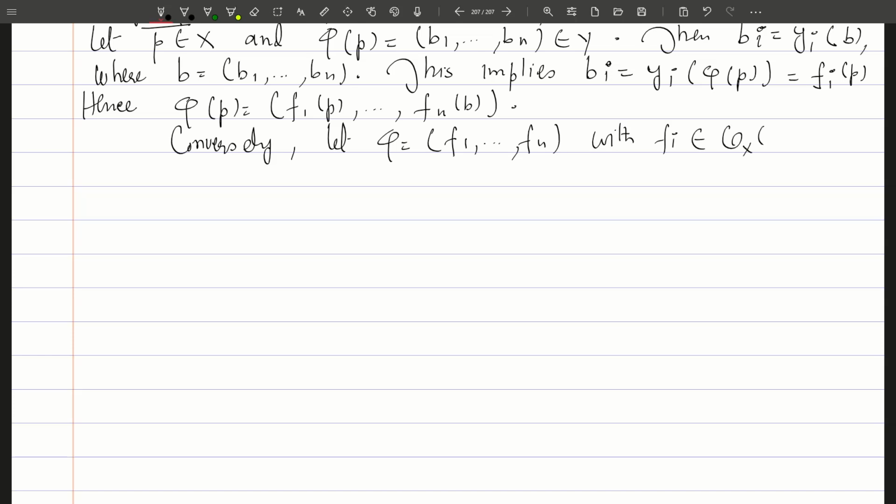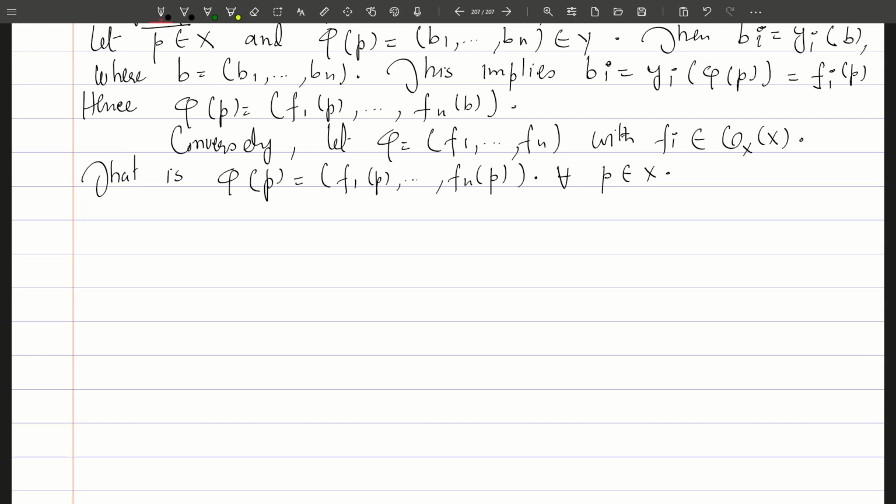So they are regular on the whole of x. That is, phi evaluated at p is f1 of p up to fn of p. Now to prove phi is a morphism, we have to prove phi is continuous and it preserves regular functions.